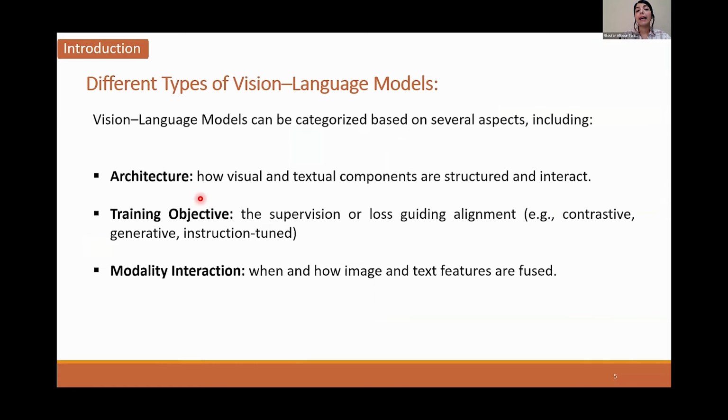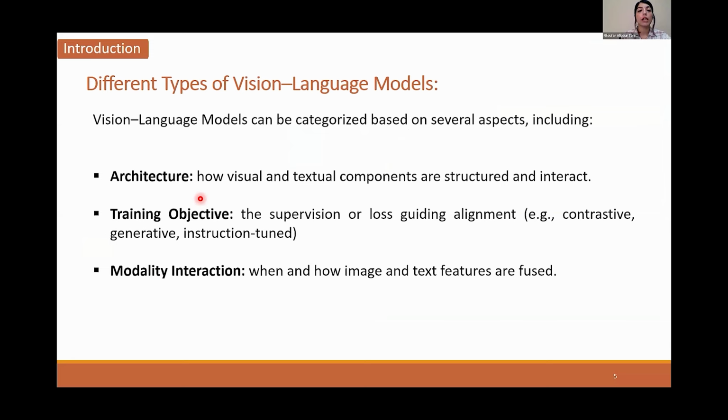So we can categorize VLMs based on different aspects: based on their architecture, how visual and textual components are structured, or based on their training objective, the supervision or loss guiding alignment.